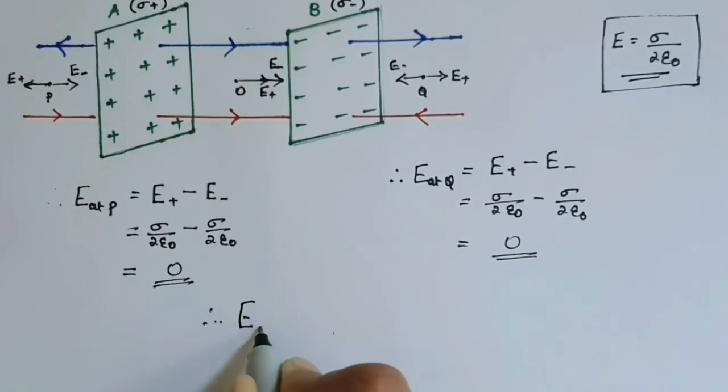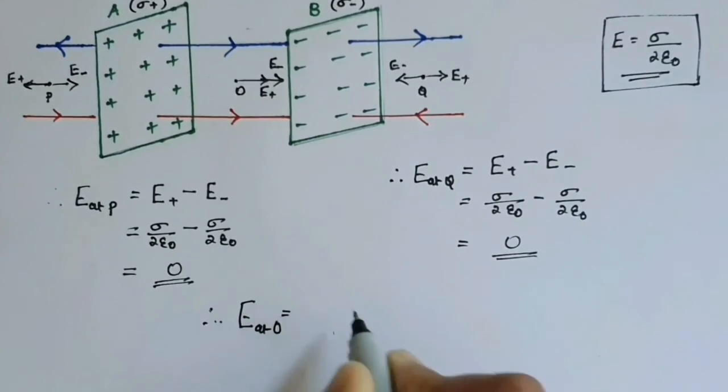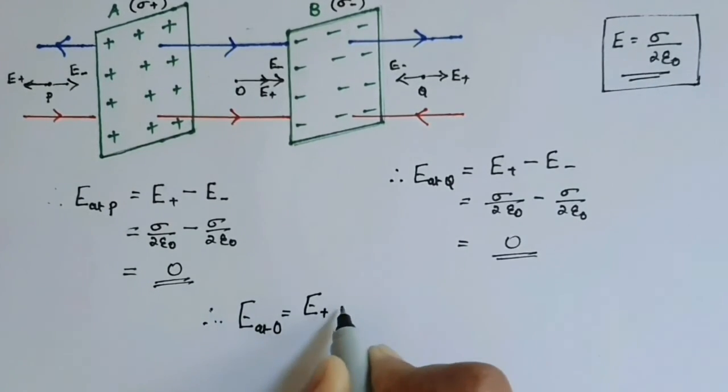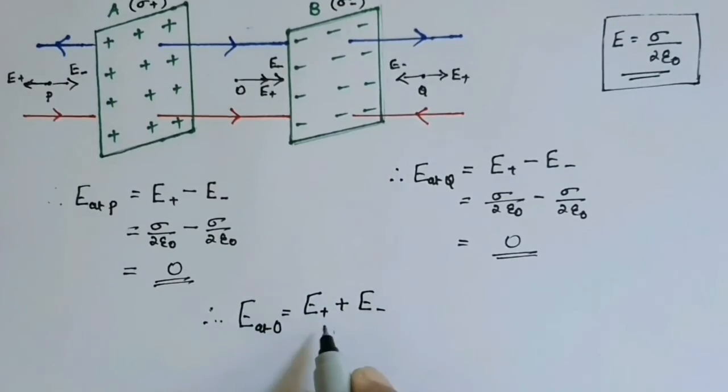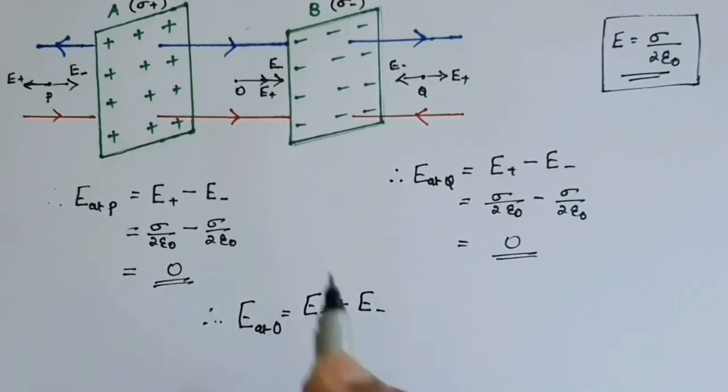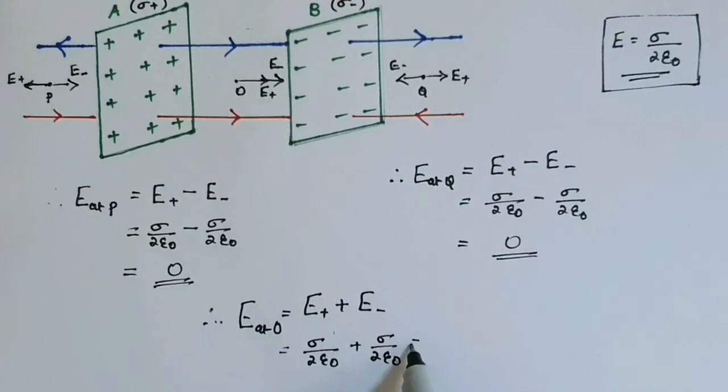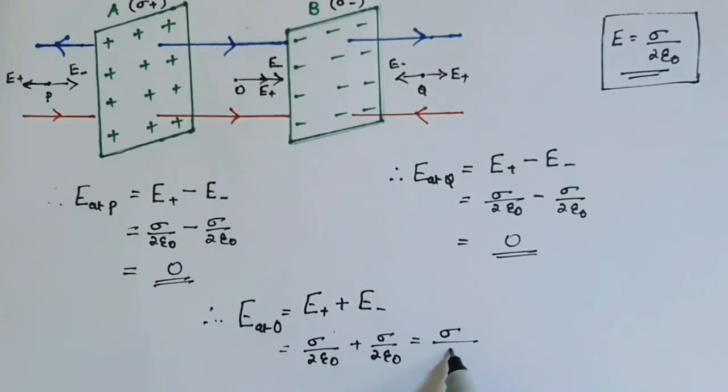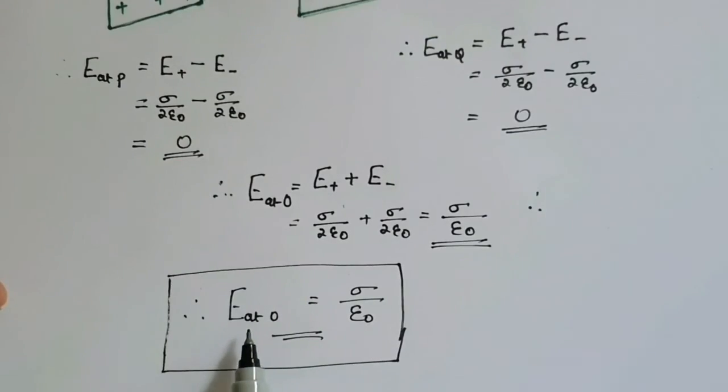Therefore, electric field at O is equal to E plus plus E minus, because both are acting along the same direction. This is equal to sigma by 2 epsilon 0 plus sigma by 2 epsilon 0, which is equal to sigma by epsilon 0. Therefore, the electric field between the plates is equal to sigma by epsilon 0.